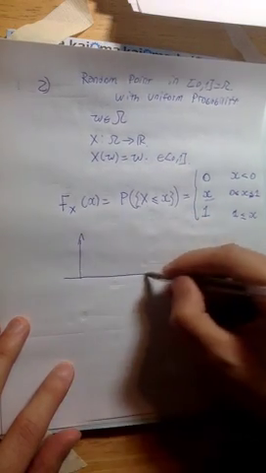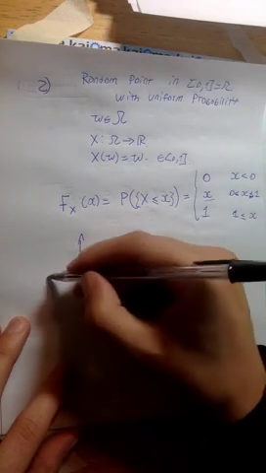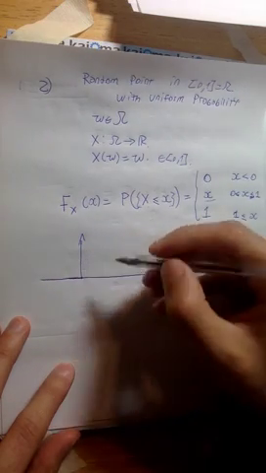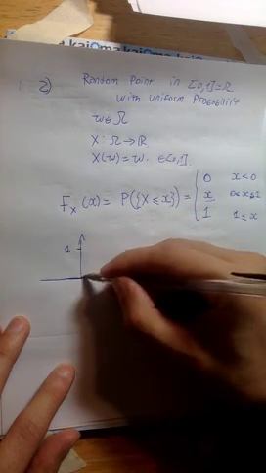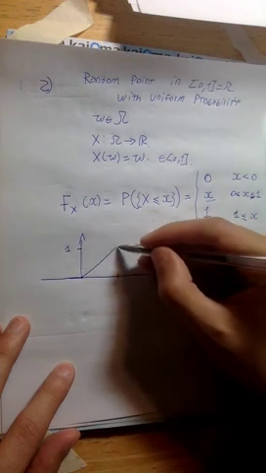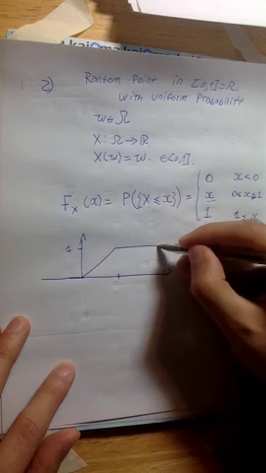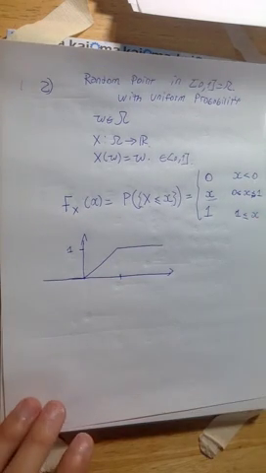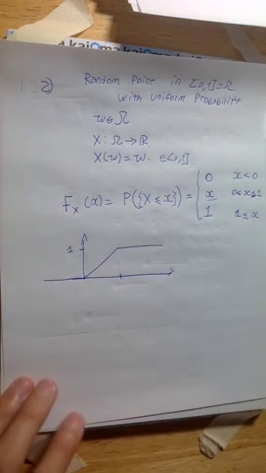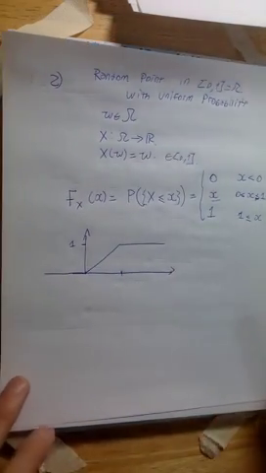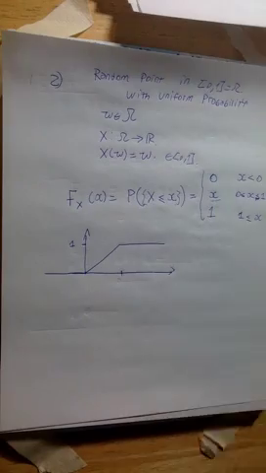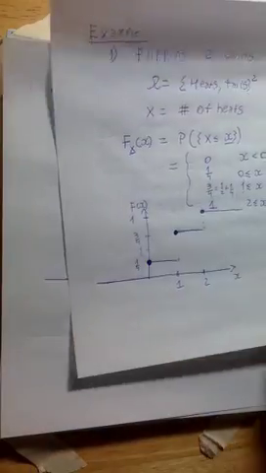So the graph associated to this function would be 0, and then you have a straight line and get something like that. This is a pretty simple example, but it gives you an idea that there are different types of random variables.